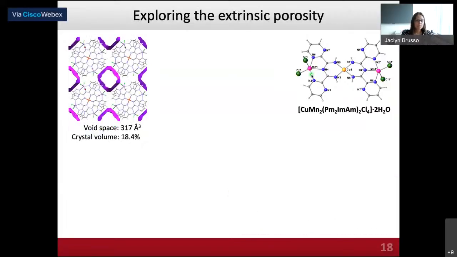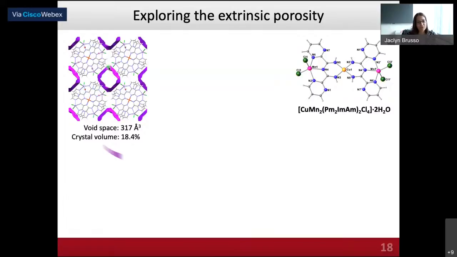So I mentioned previously that I'll come back to this idea of the porosity. So here we have our copper manganese trinuclear complex. It forms that similar kind of columnar array as the cobalt analog, with these columns or void space within the structure.